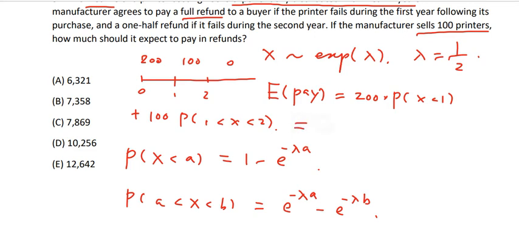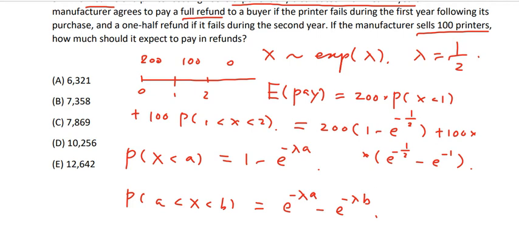So it equals 100 multiplied by 1 minus e to the negative lambda, which is a half. So a is 1, right? So plus 100 multiplied by e to the negative half times 1, minus e to the negative half times 2, so negative 1.